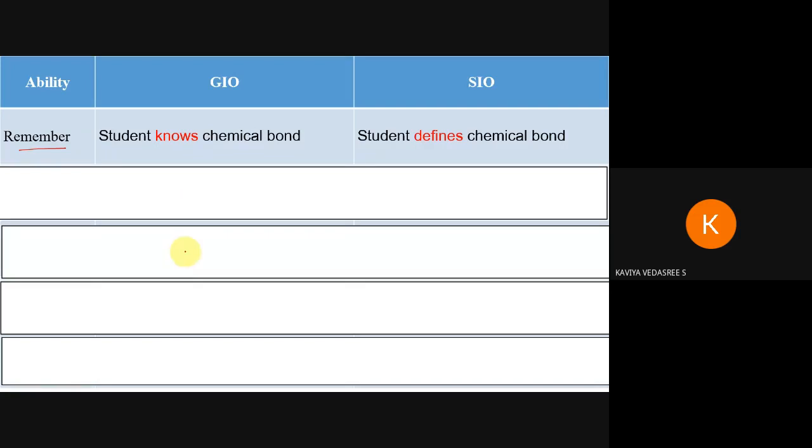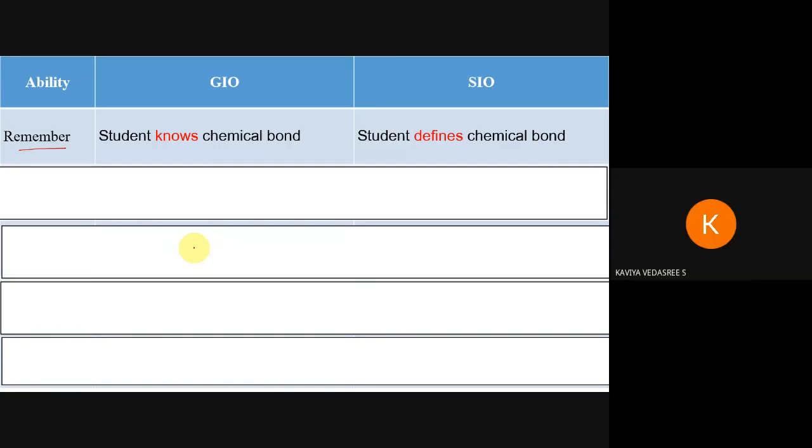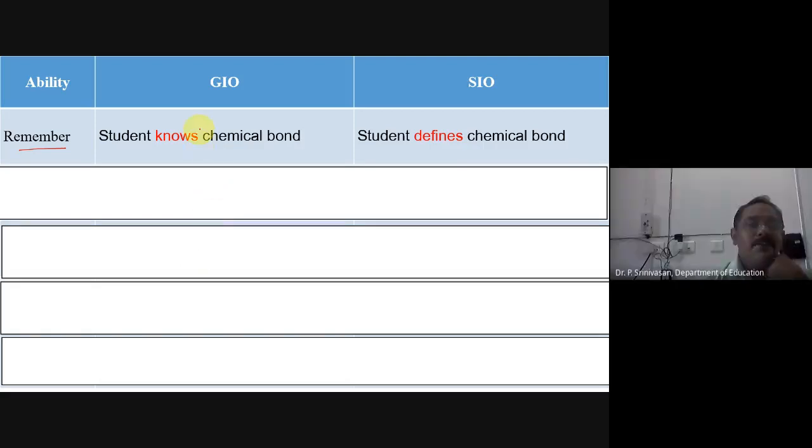Still, where actually is the difference? Sir, the SIO is more specific and the GIO is more general. Kavya, I have put it in red color where actually the difference is.